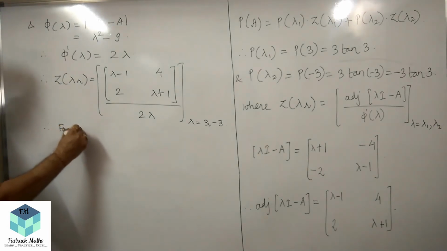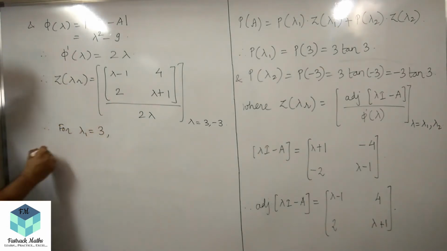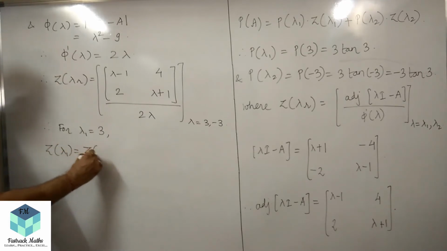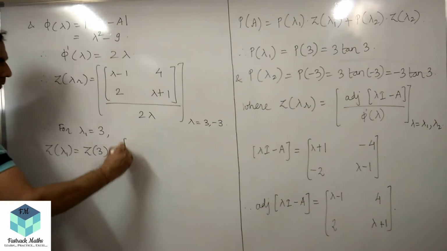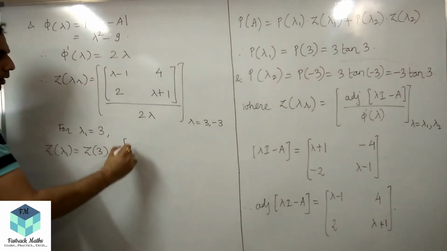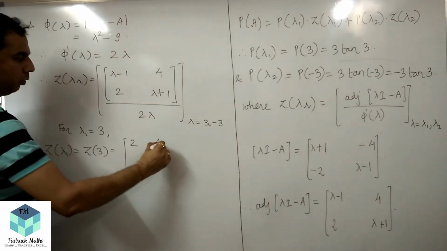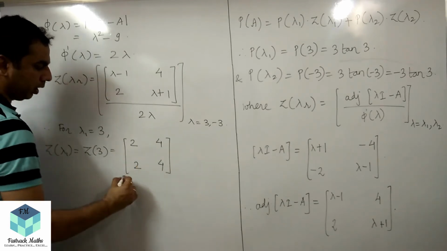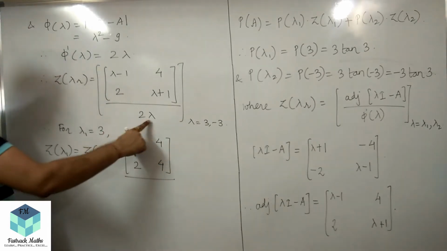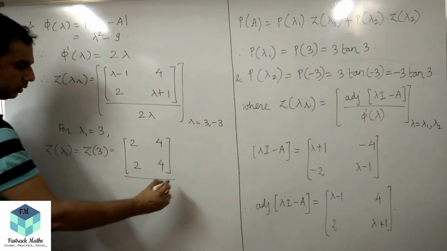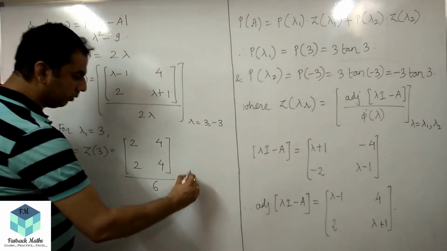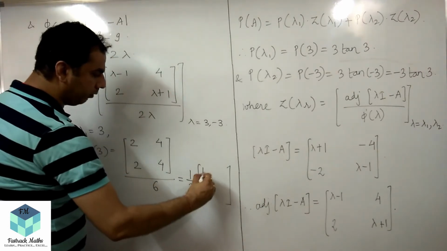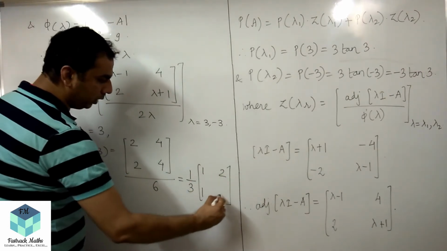For lambda 1 equal to 3, Z of 3 is [2, 4; 2, 4] upon 6, which can be written as 1 by 3 times [1, 2; 1, 2].